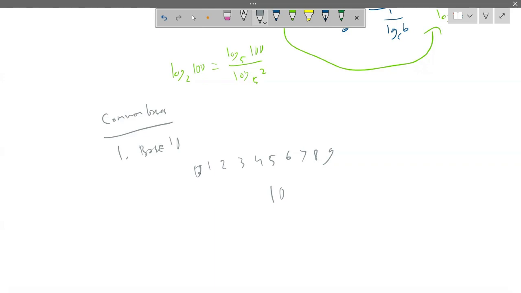And then we want to count even further, like we have 10, 11, and so on. When we have reached 19, and we want to count to the next number, we add 2, and then we start over again with 0.